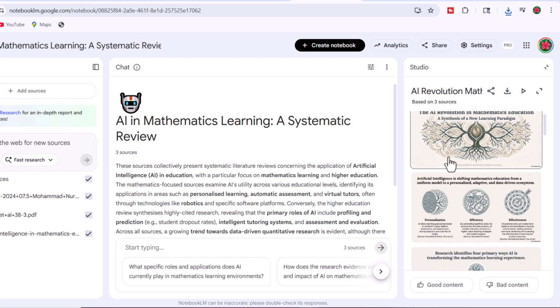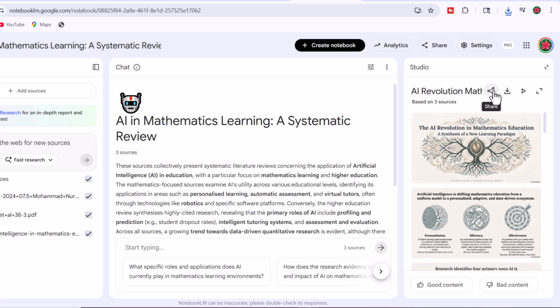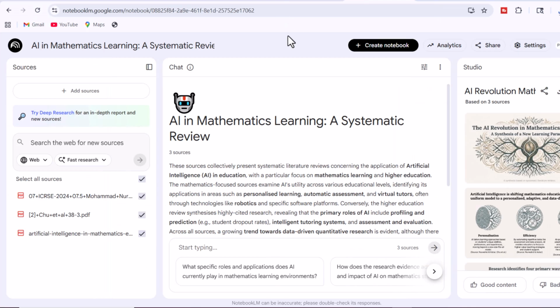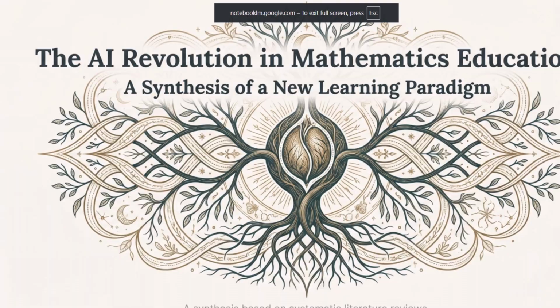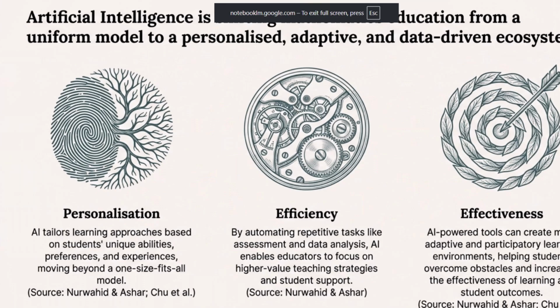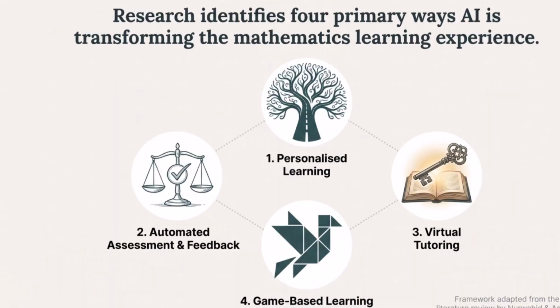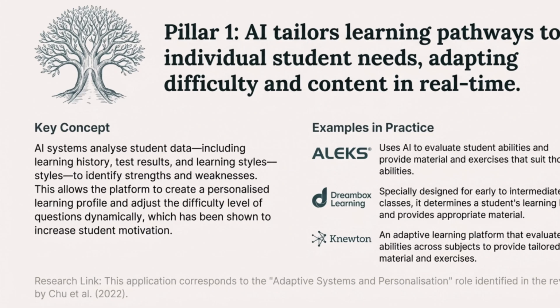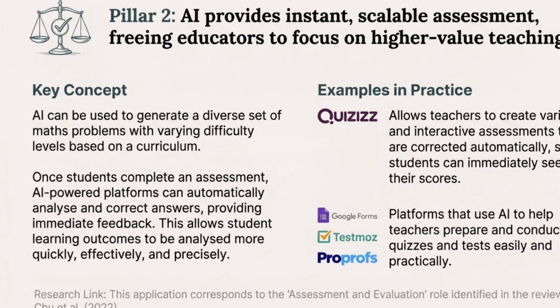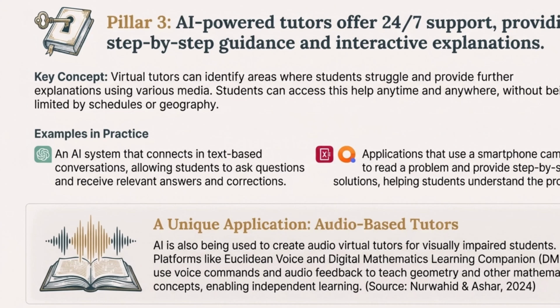And here it is. Now you can either share your presentation or view it directly within NotebookLM. Let's take a preview. As you'll notice, this is a complete PowerPoint presentation generated entirely from our uploaded academic papers. Each slide contains carefully organized content, relevant images and infographics, data visualizations, and professional formatting. You can move between slides to examine each one.